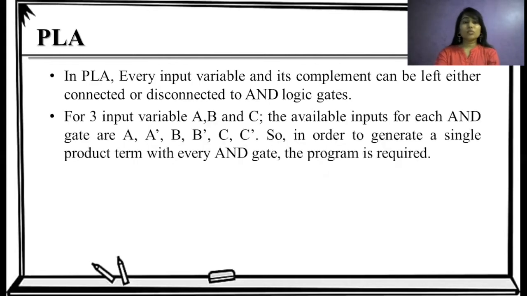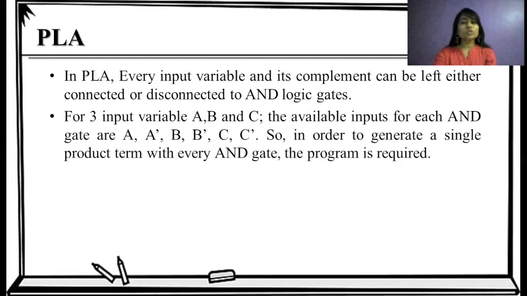For three input variables A, B and C, the available inputs for each AND gate are A, B, C, A dash, B dash, C dash. So here we have all the possibilities of these input variables. We have both the values, for 0 as well as for 1.